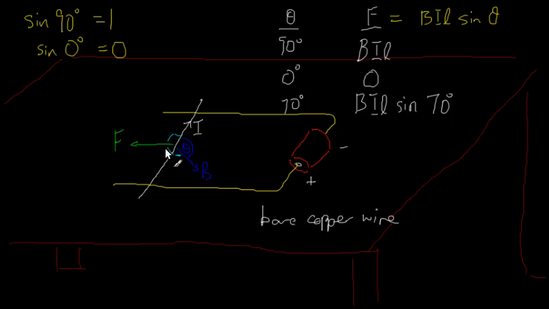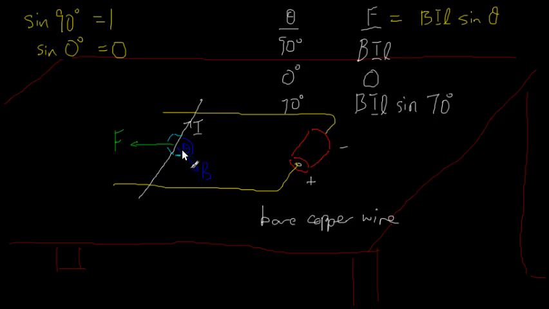So in this example, if the field at this angle is still along a vertical plane that contains the wire, imagine a vertical plane around here that this wire lies on.